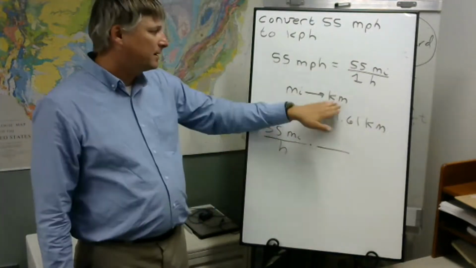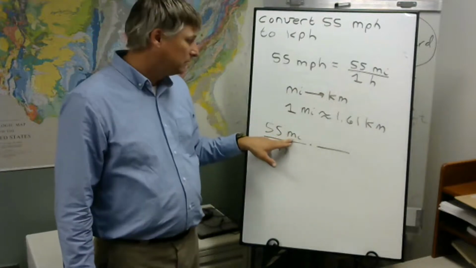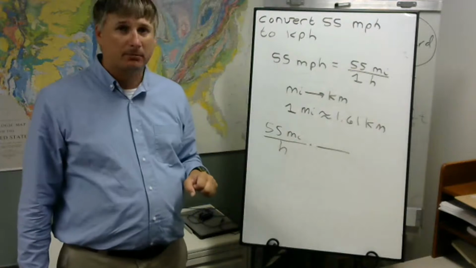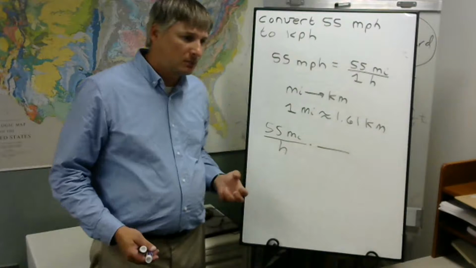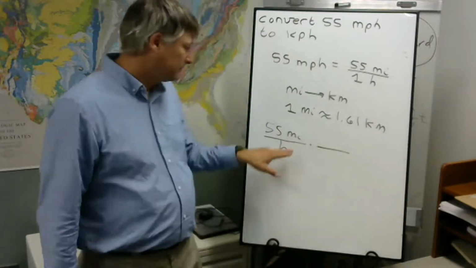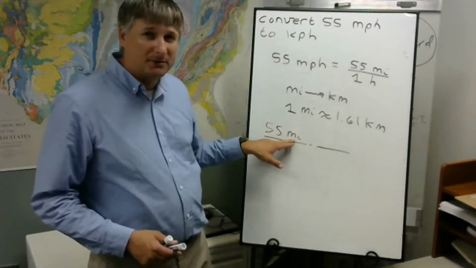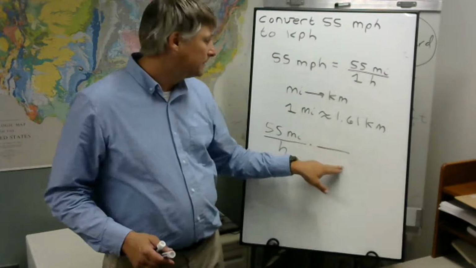We want miles to become kilometers. So that means we want miles to cancel and kilometers to remain. Now, let's take a step back. The only way for miles to cancel, because miles is in the top, is if miles are in the bottom.